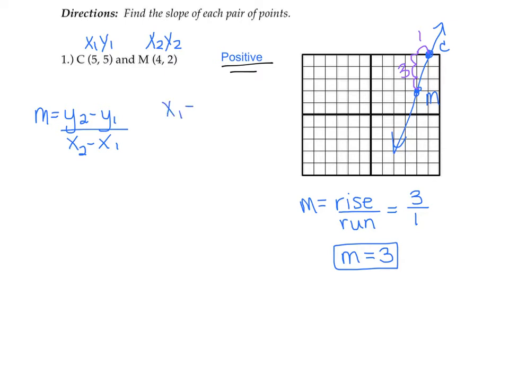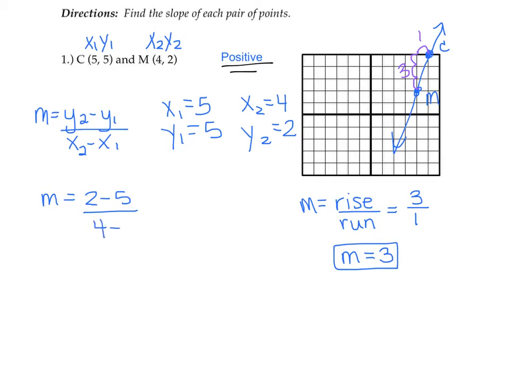So now you are given x1 equals 5, y1 equals 5, x2 equals 4, and y2 equals 2. Now all you're going to do is substitute it into this equation. So M equals, our y2 is 2, minus our y1 is 5, over our x2 is 4, minus our x1 is 5.